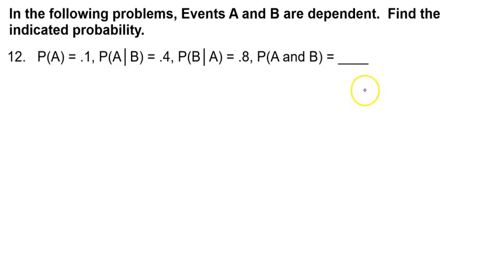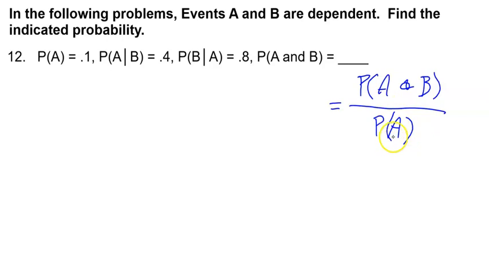So we want to find the probability of A and B. On the bottom, I will either have the probability of A or the probability of B. What they gave me is the probability of A. So what this means, A has already happened.